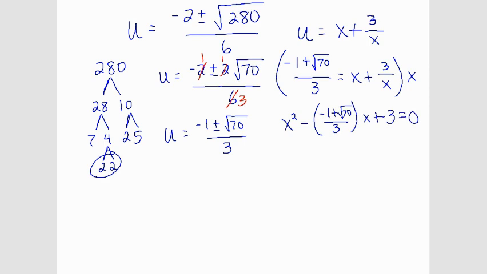And now we get into really weird territory, because this is where we'd want to use the quadratic formula. So our b value is the negative of a negative, so positive.